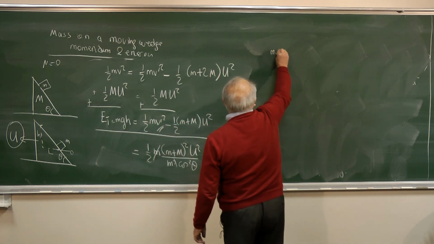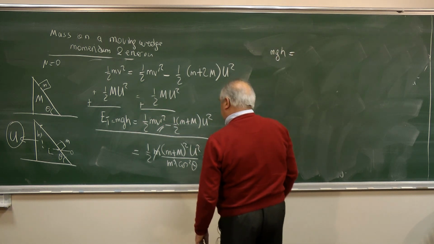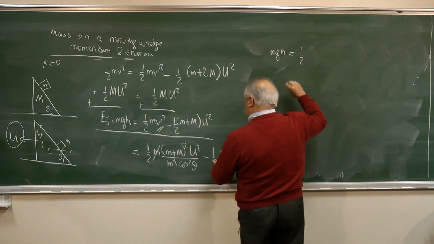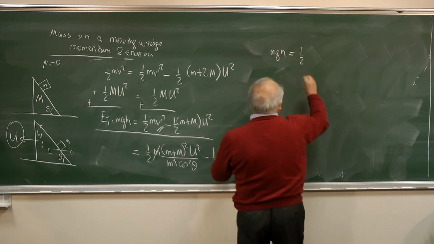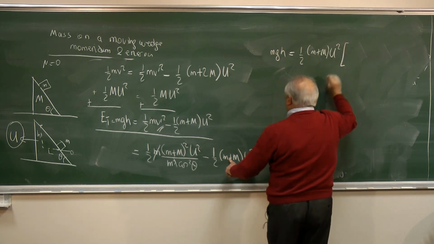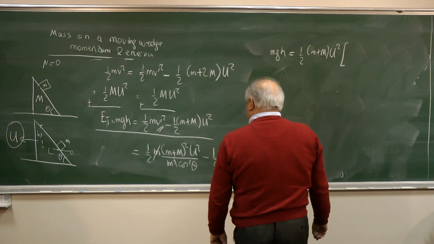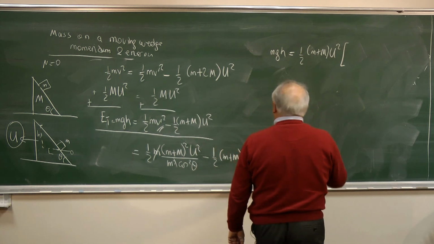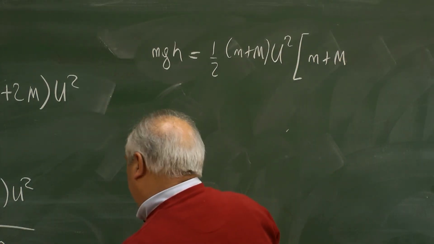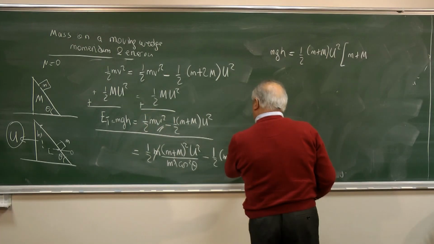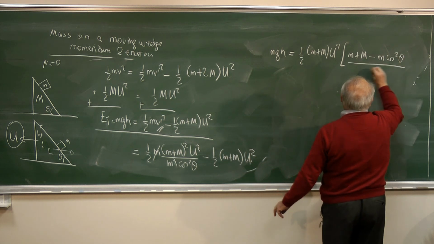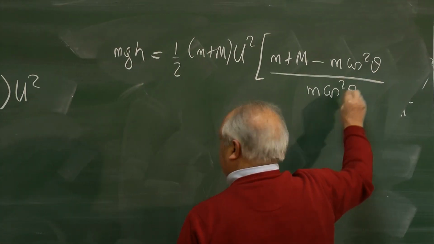So mgh equals, I have 1/2, I have m plus M common factors, u square, m plus m minus m cosine square theta divided by m cosine square theta.